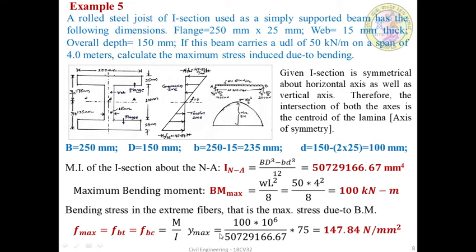After substituting the values for M as well as I, y is the variable and is maximum in the uppermost or bottommost extreme fiber. M is constant for a given section, and the moment of inertia is also constant, since the cross sectional dimension will not change from one end to the other end. So the maximum stress will be 147.84 Newton per millimeter square.